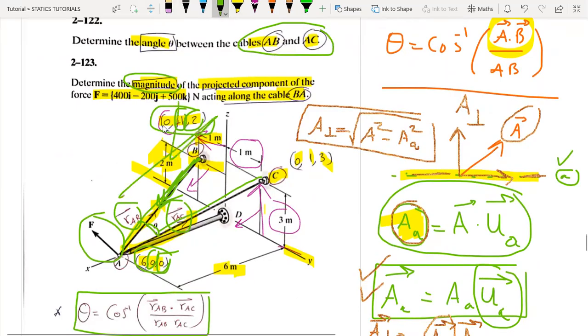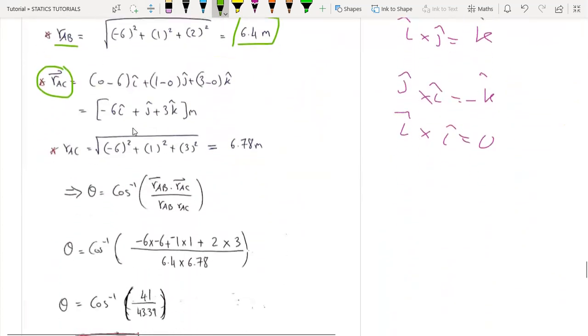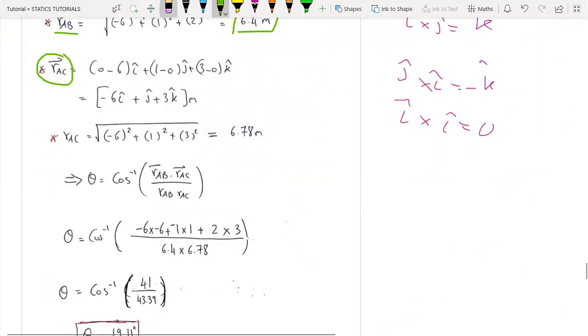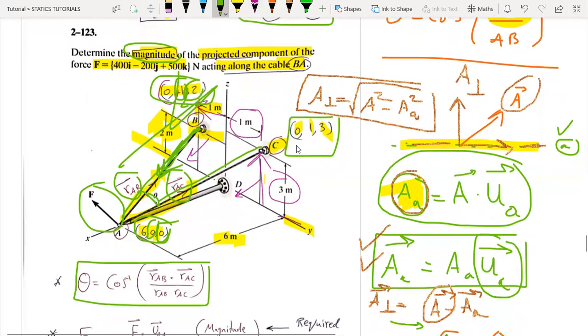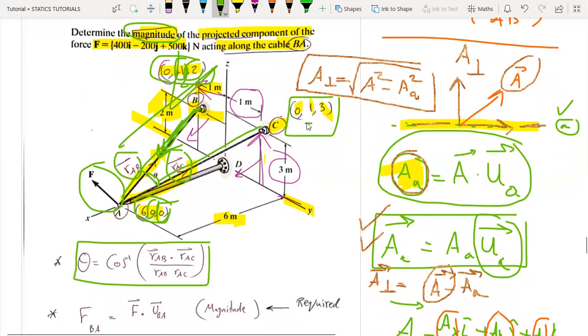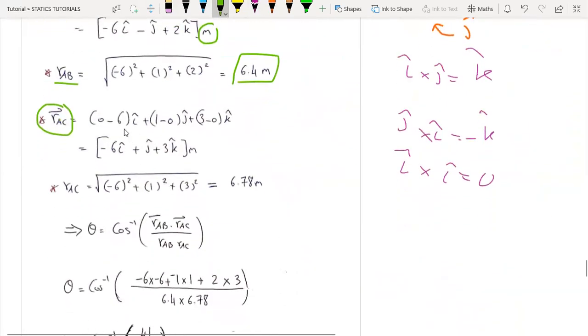So it will be the coordinates of C minus A. So we will say 0 minus 6, 1 minus 0, and 3 minus 0. So 0 minus 6 i hat, 1 minus 0 j hat, and 3 minus 0 k hat, and we'll get the magnitude of it to be 6.78 meters.